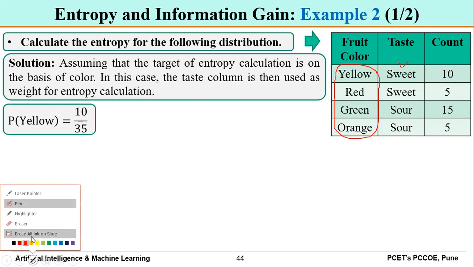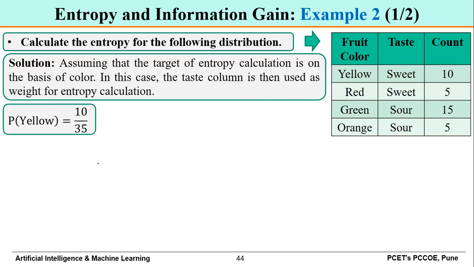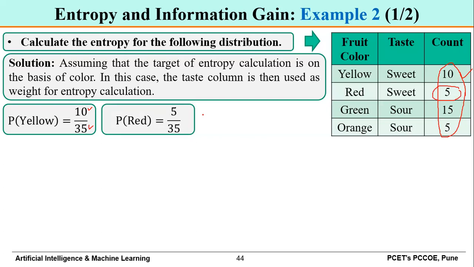First color, as we decided to calculate the entropy for the color, so first is yellow. The total count is 10 and the total count of all the colors is 35. So the probability of yellow is 10 divided by 35. Similarly, the probability of red is the red count 5 divided by the total data points 35.